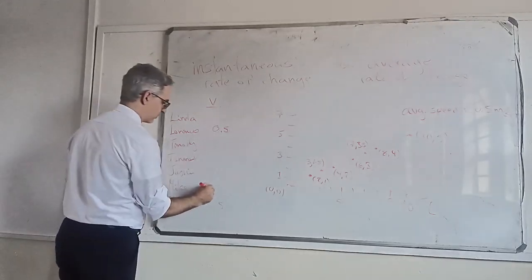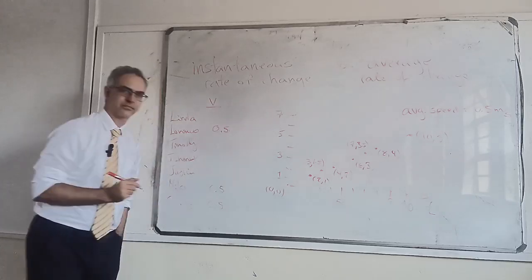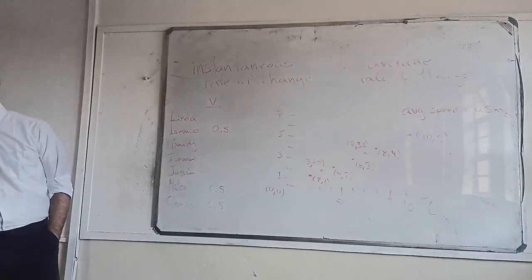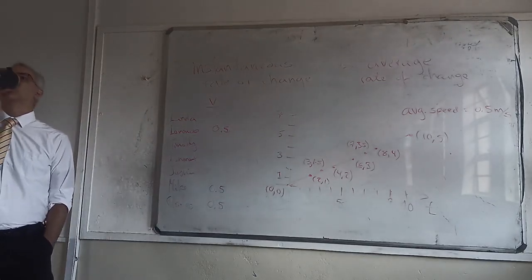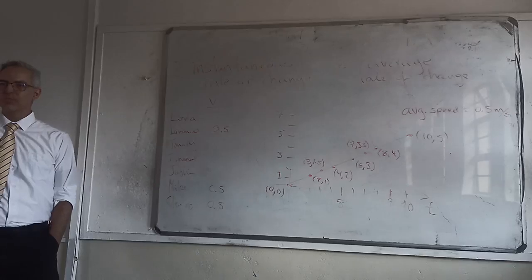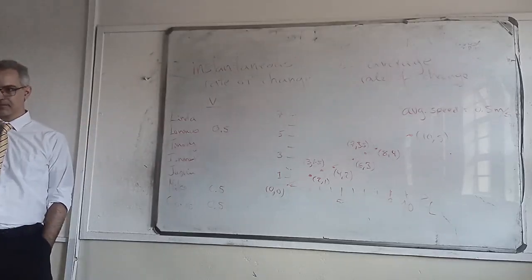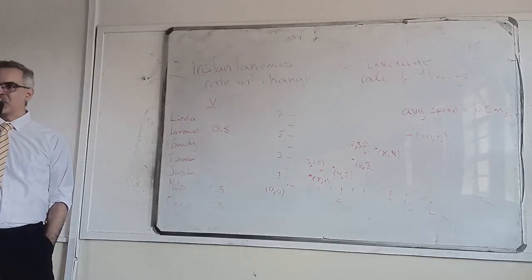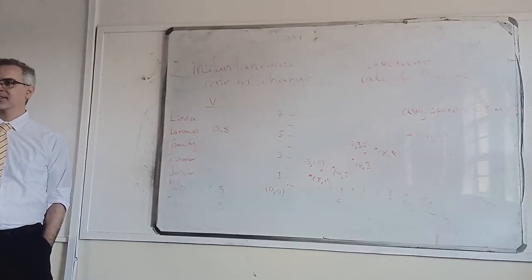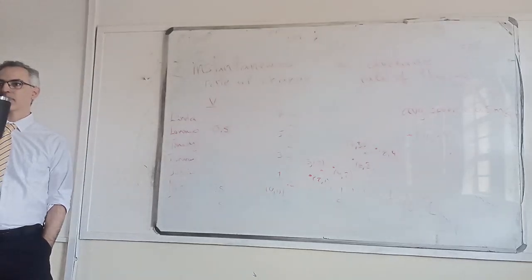Mike gets 0.5. If someone needs help, go ask a classmate who's done. Ask someone who's finished already. Loveness or Mike or Charles.